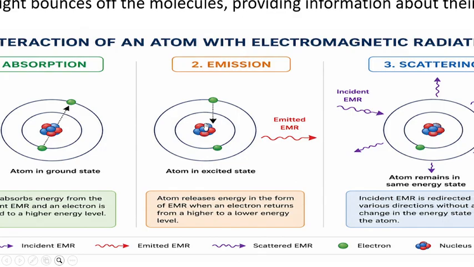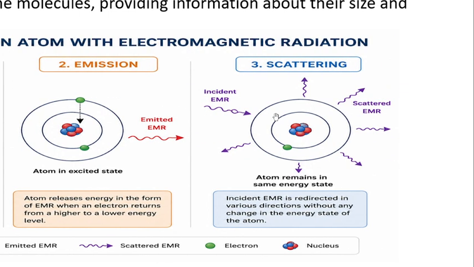In the second interaction, which is known as emission, when the electron at the higher energy state orbital returns to the original low energy state orbital, it releases energy in the form of electromagnetic radiation. That phenomenon is known as emission.